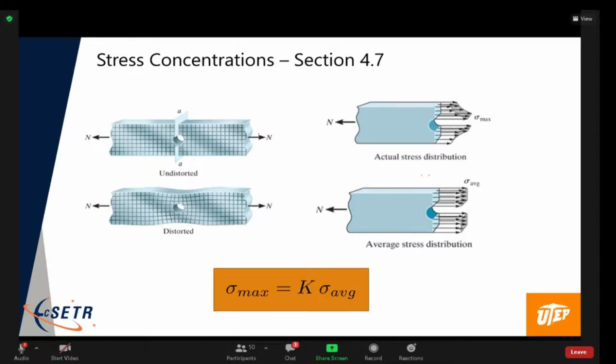It's just force over area, and it's fairly uniform. But in reality, when we have certain types of features, like if you put a hole in the middle of the bar, you are going to see a stress distribution that deviates pretty significantly from that uniform average. It looks something like that.